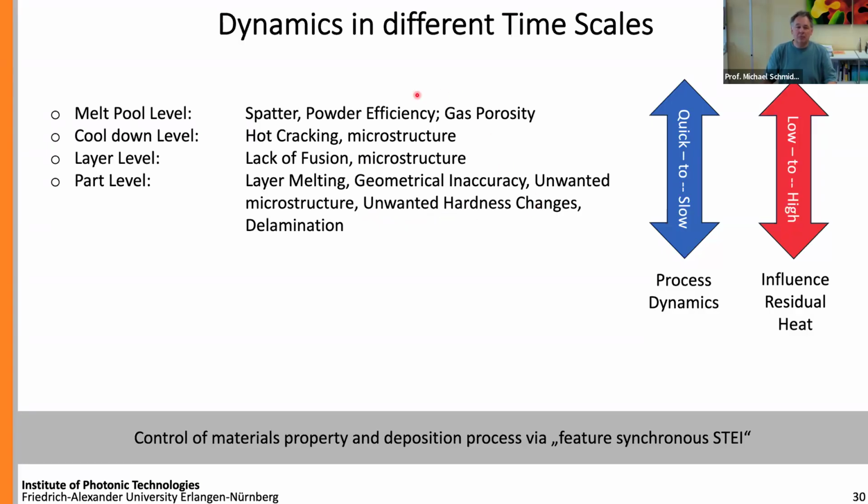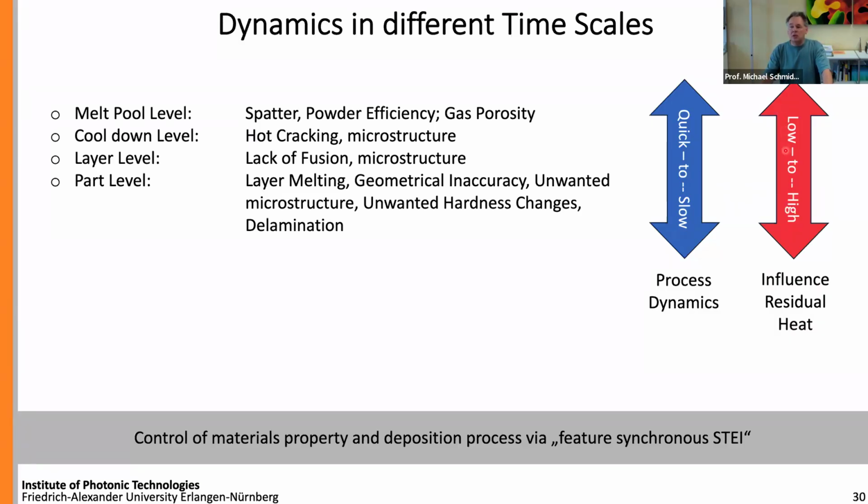So what we can see here from melt pool level to part level is, of course, that the process dynamics at the melt pool level are quick, as I've shown roughly in the example with the welding, whereas if we go to part level, dynamics are slower and slower. But we also have, especially in DED when we build up a lot of layers, an influence of residual heat that is lower at the melt pool level. We still see it, because we don't have room temperature but a higher temperature where we start melting, so we should already realize it.